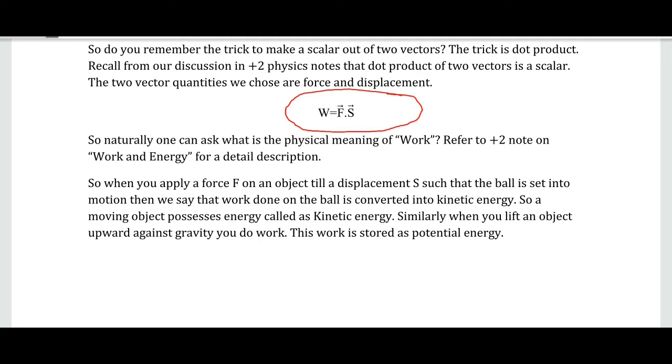All you have to do is look for energy. So making a scalar from two vector quantities makes our life easier. That's why we define something called work done, to make calculations easier. Okay, let's move forward.